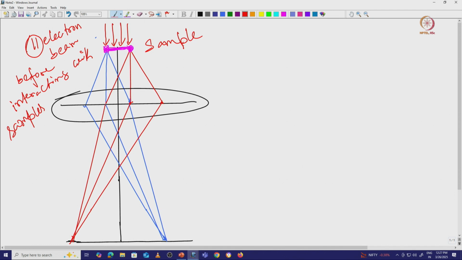Where are these electron beams coming from? These electron beams are coming from the C2 lens. C2 lens means intensity. First it goes to the C1 lens and then to the C2 lens. We always discussed that the electron beam will converge and diverge. So, it will converge somewhere here and then again it should diverge. But there is a system with a C2 lens, or for 300 kV a C3 lens, or for 200 kV a C2 lens, and the upper objective lens.